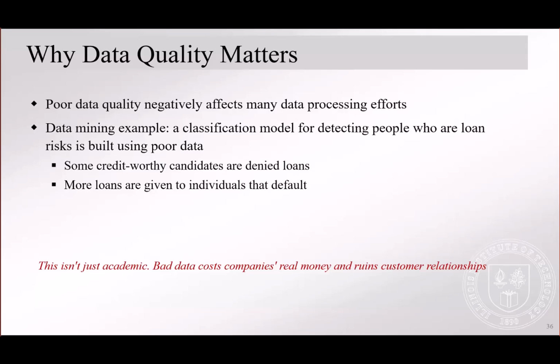If the historical data used to train the model is full of errors, is poor, or has missing values, the model will learn the wrong patterns. The consequences: they might deny loans to creditworthy people, and even worse, give loans to people who will eventually default. The business impact is huge, and it all stems from poor data quality.